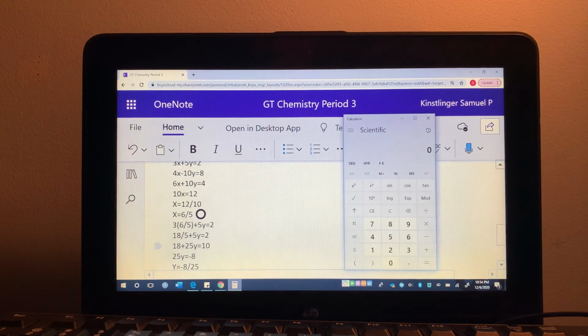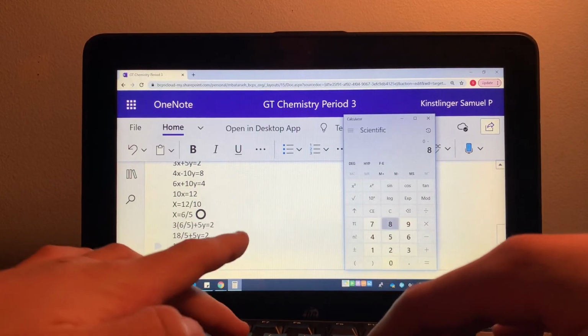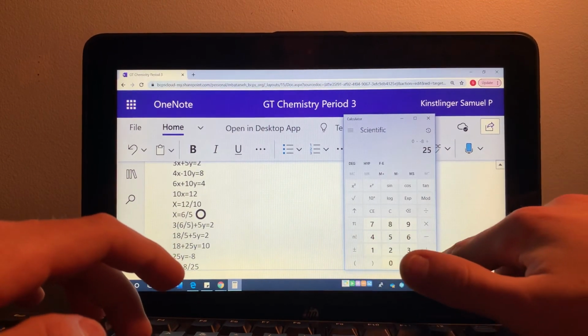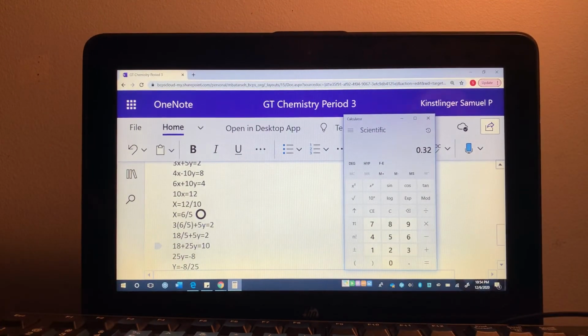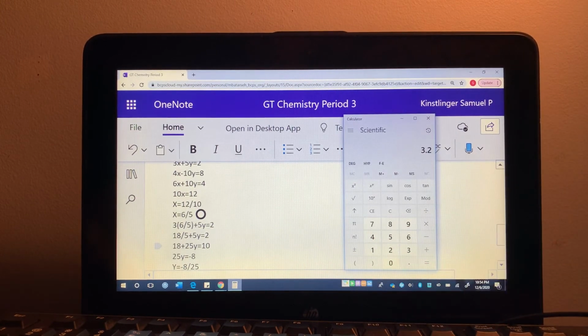So 4.8 minus 10y is going to be 8. So y is just negative 8 over 25, which is 0.32. Multiply that by 10, and we get 3.2.